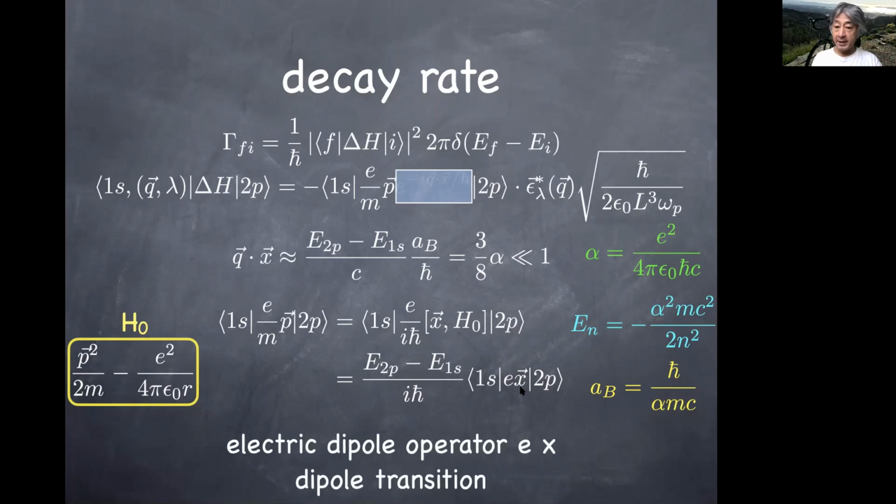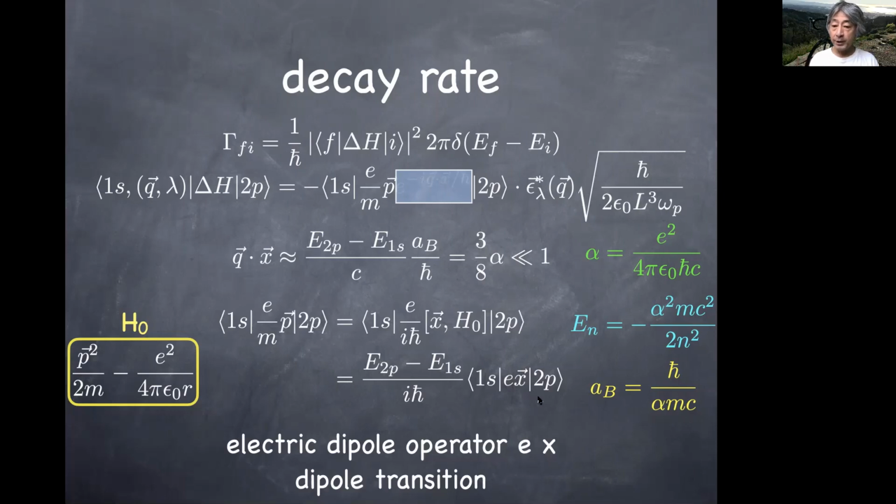So the idea here is that this is said to be a dipole transition, namely that you start from an initial state of the hydrogen atom, making a transition to the final state of the hydrogen atom through an operator, which is the electric dipole operator, ex. So by ignoring this exponential factor, I end up with a matrix element which has only the dipole operator in it. This is called the dipole approximation, by ignoring these higher powers in alpha. So the idea now is very simple.